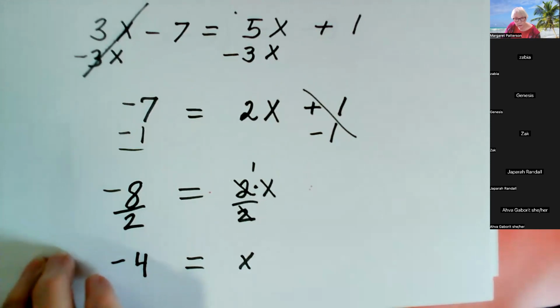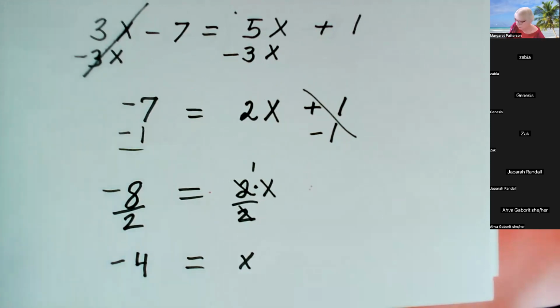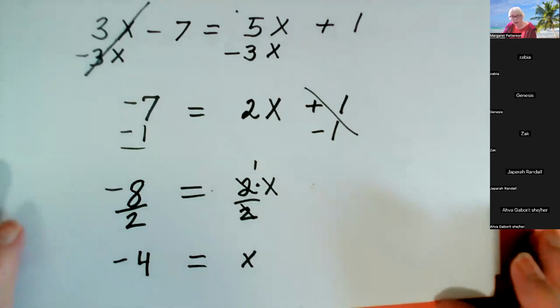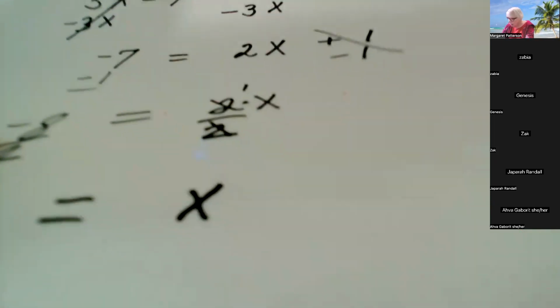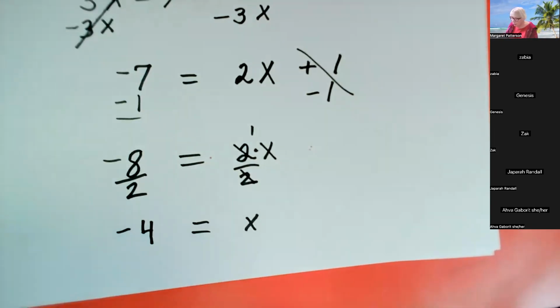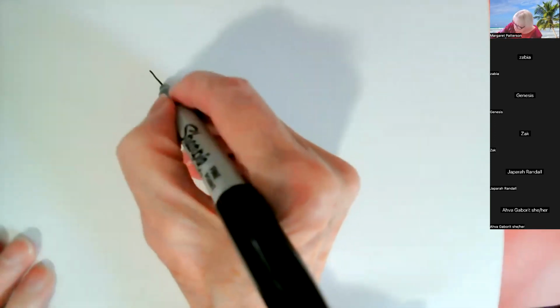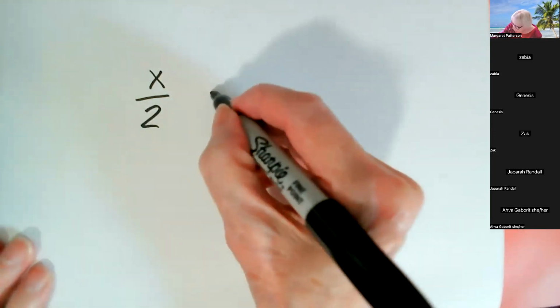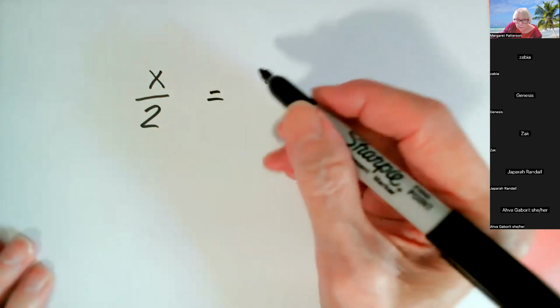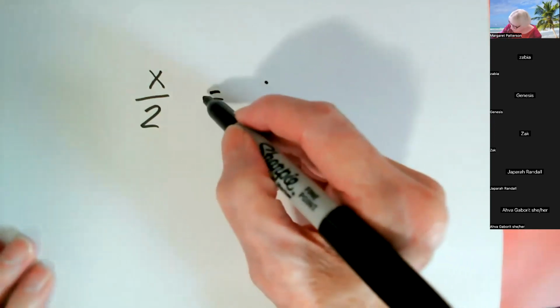Questions? I have a question. Okay. That was a problem. It looked really deceptively easy, but I had a lot of problems with it. It's x over 2 plus x equals 3. So this was x over 2 equals 3? No, x over 2 plus x equals 3.